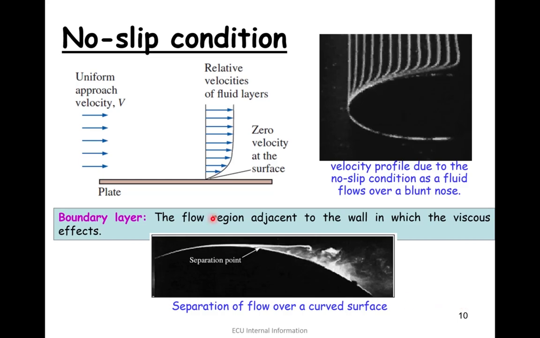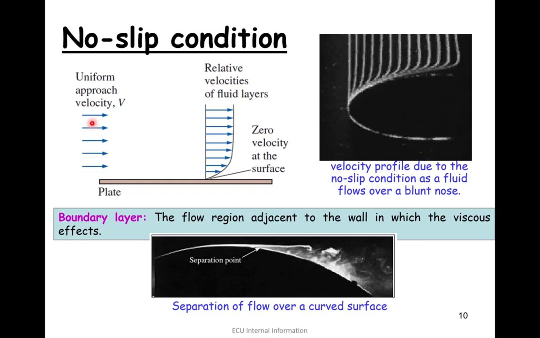Again, if we consider a fluid with a uniform approach velocity, that means all the arrows have the same size, so there is no difference in velocity.